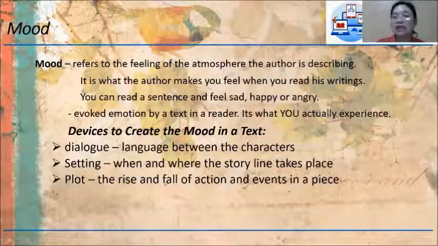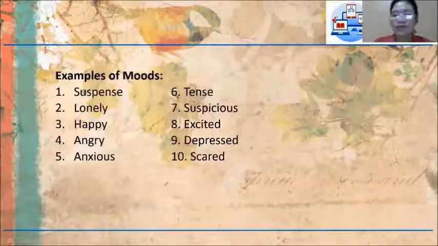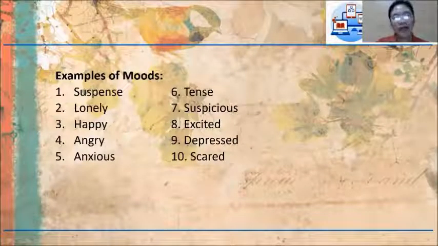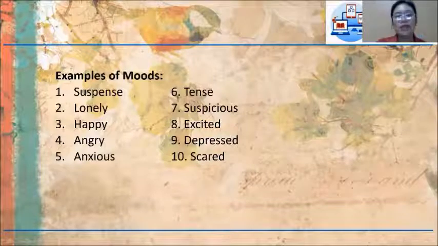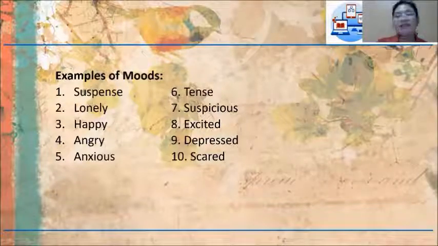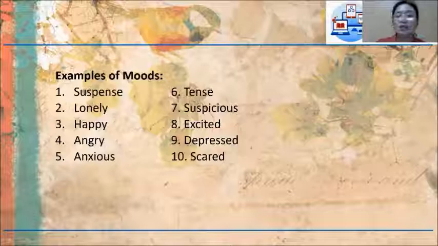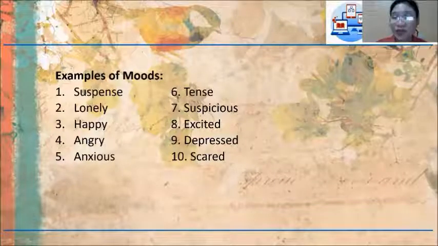Okay, so take note of these devices to create the mood in a text. Okay, and then what are the examples of moods? Okay, number one, suspense. Okay, and then number two, we have lonely, or the mood of being lonely, and then happy, the mood of being happy or happiness. Okay, the mood of being angry.